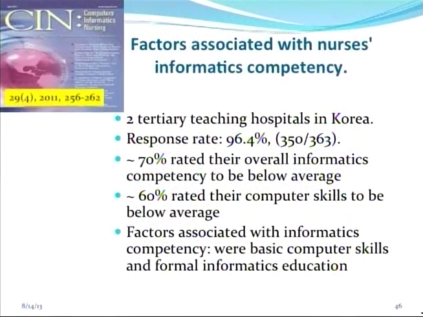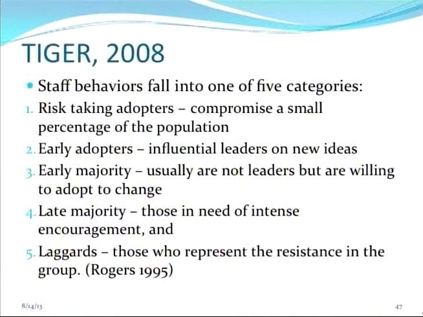This is a study done in Korea, and I don't think the US is really far from this, or any place else, because they found that the majority of the nurses have low computer competencies and low informatics competencies. These are the behaviors of people usually when they adopt a system, and I'm sure all of you know about this.